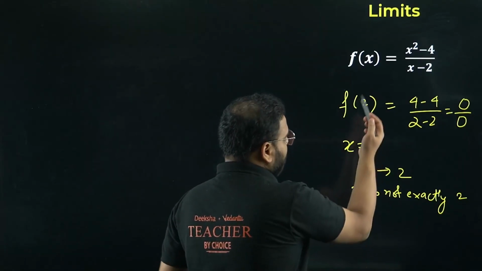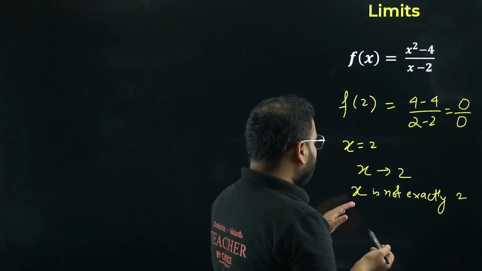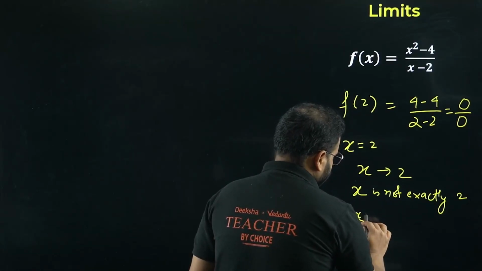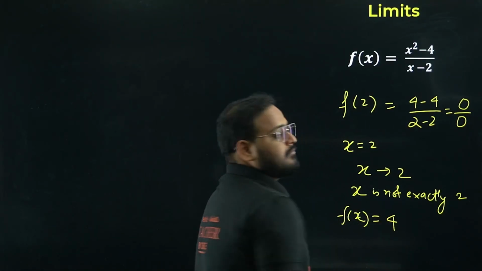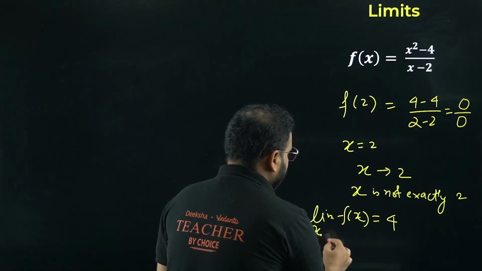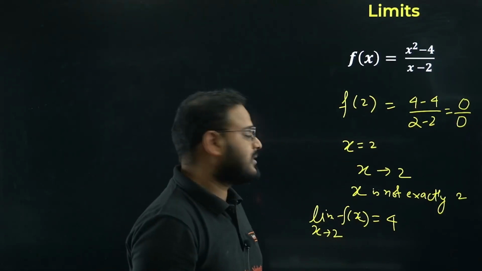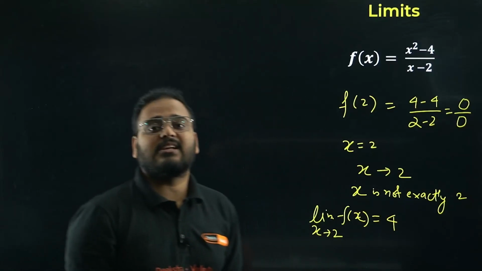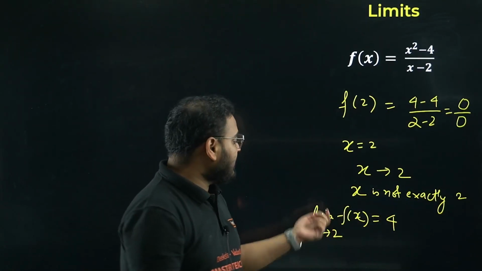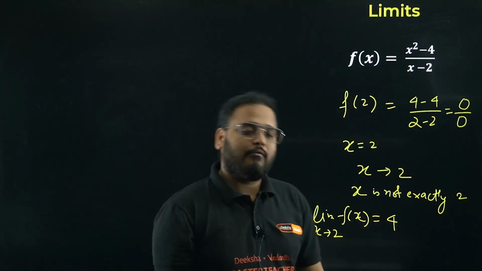Okay, let's say I'll solve this question for you. In this question, I get f of x tends to 4 when the limit of f of x, x tends to 2. So even though x is not exactly 2, x tends to 2, the limit has the exact value of 4. We'll see how.